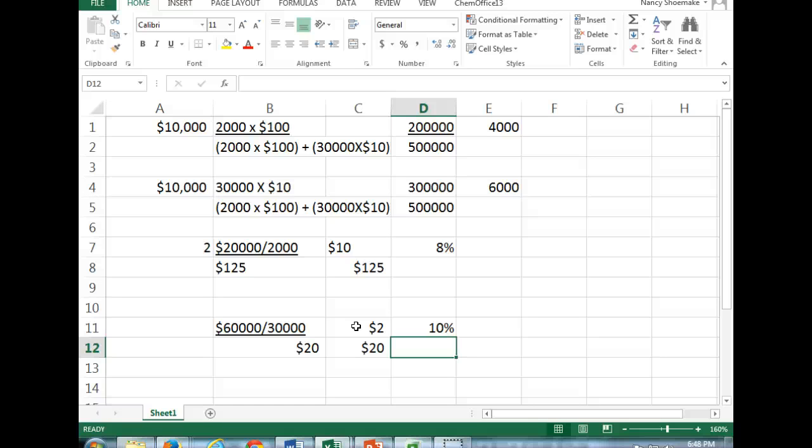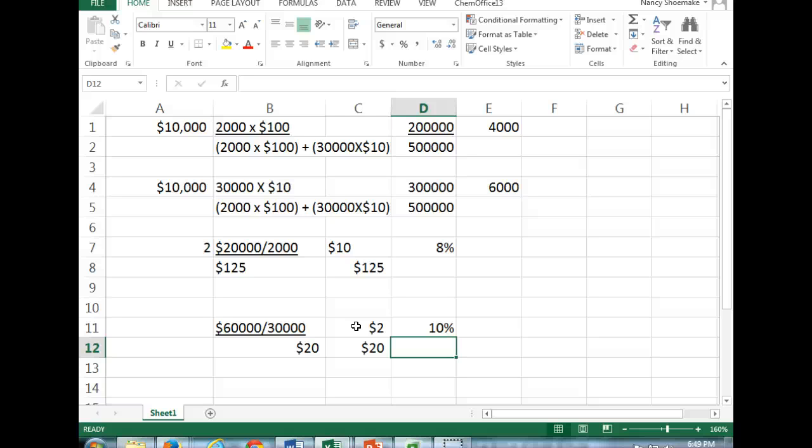Do we want to go back and understand how we did that again? We're taking the amount of dividends, dividing it by the number of shares to come up with an amount per share, but then we're dividing that by the market value. Now we know the price at par was 10% because that's what it said.